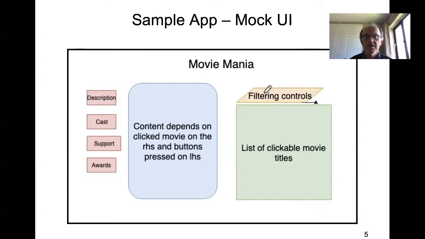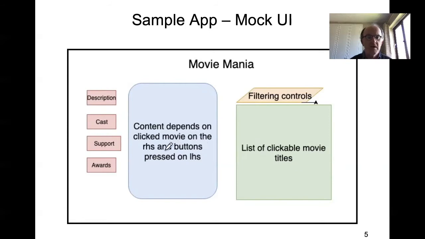I've also got the ability to filter this list of movies by means of some user input here. Again, it might be a text box or drop-down menu, it doesn't really matter, but there is some sort of filtering capability to allow me to filter the list of movies. Over here on the left, in this box, I would display information about the particular movie that has been clicked from this list.